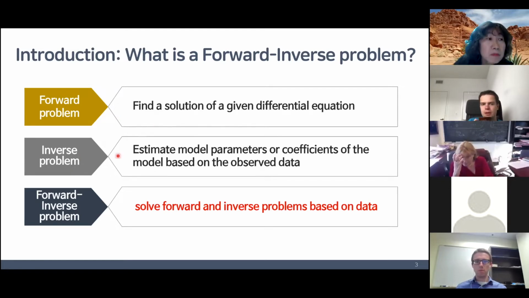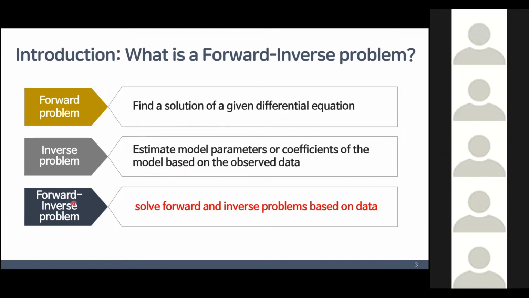Then the inverse problem can be defined as estimating model parameters or coefficients of the model based on the observed data, as you can see on the previous slide. Then the forward plus inverse problem is to solve the forward and inverse problems simultaneously using the given data.